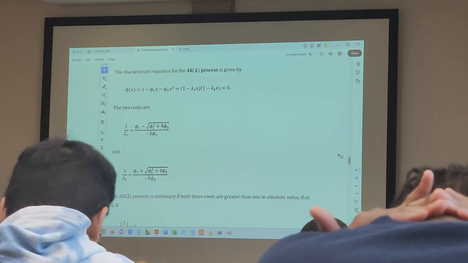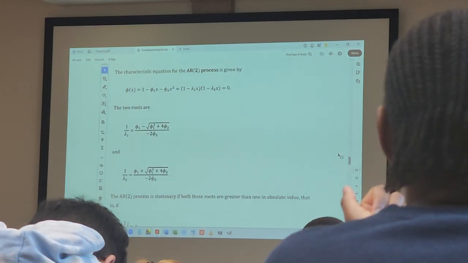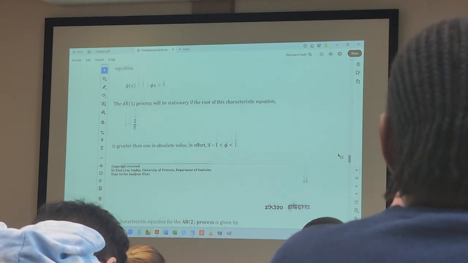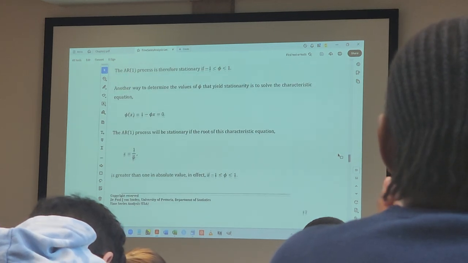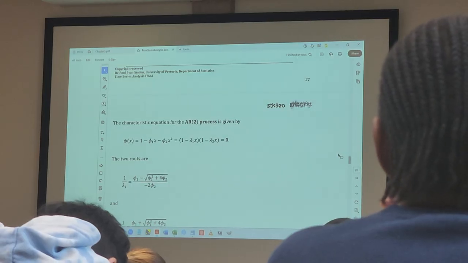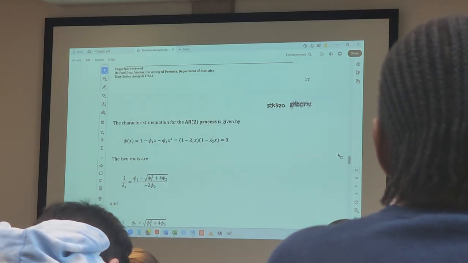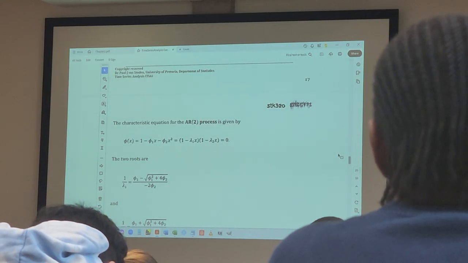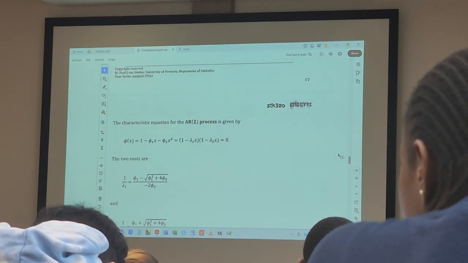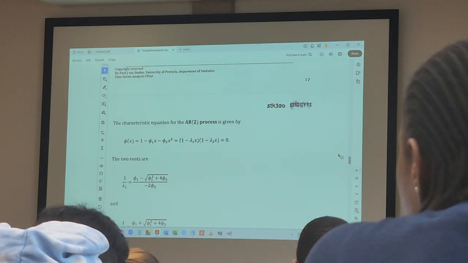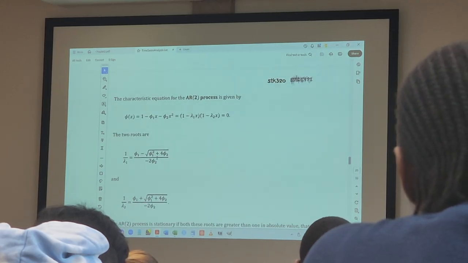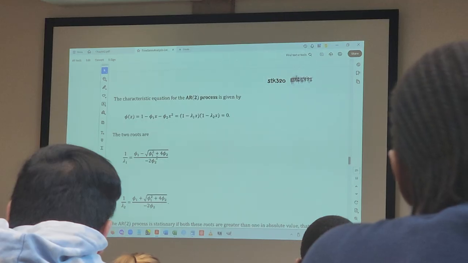So if you take the characteristic equation, which we obtain from writing the AR2 process in terms of the lag operator, and then replacing the L's with x and setting that polynomial, that parabola, equal to 0, we get two roots, and inside these roots we get the square root of phi1 squared plus 4 phi2.